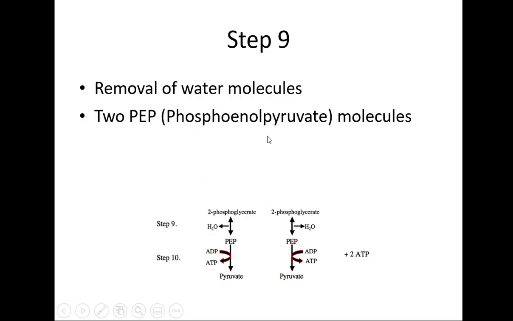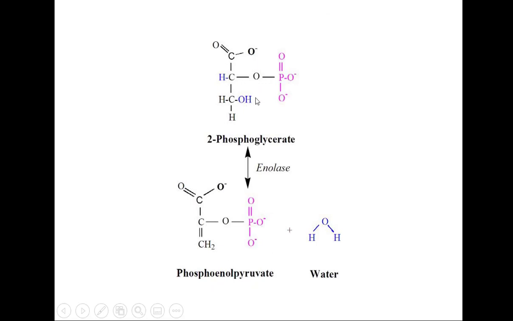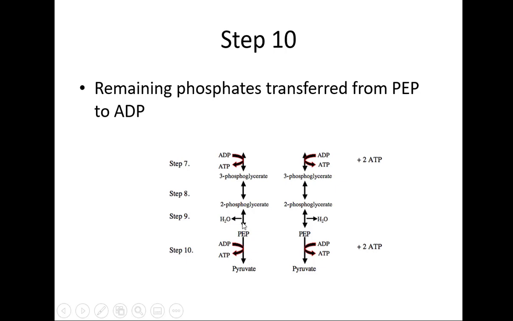And step 9, it releases water and becomes phosphoenolpyruvate, PEP. It releases 1 water: one proton and another OH, right? This becomes water. Does it make sense? It becomes phosphoenolpyruvate. And the last step, step 10.